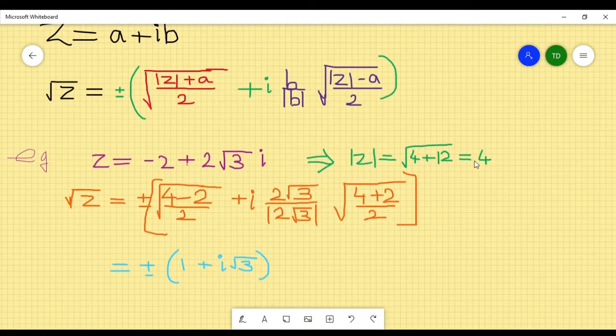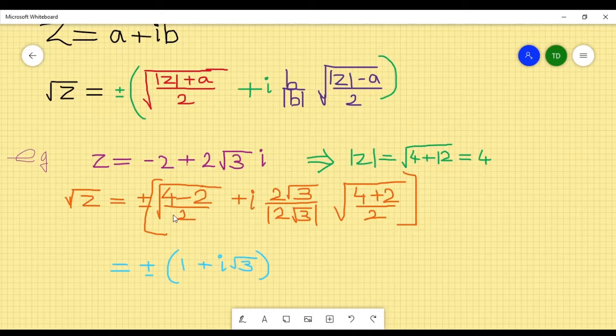Real part square is 4, imaginary part square is 4 times 3, which is 12, and the sum is 16. So the square root becomes 4. Now the root of z will be given by plus or minus. For the real part, mod z means 4, plus a, which is minus 2, and we divide this sum by 2. So 4 minus 2 upon 2.